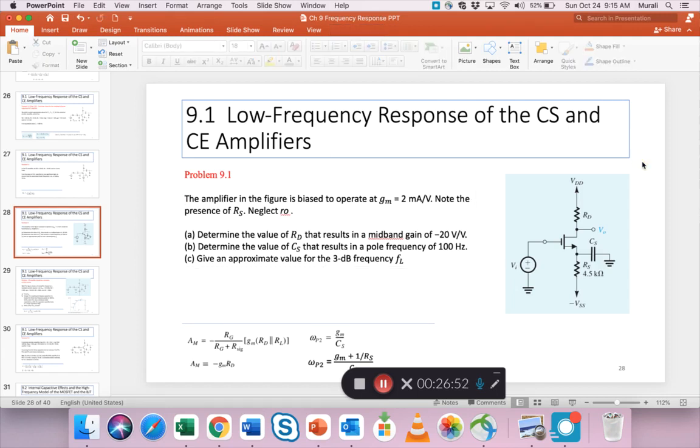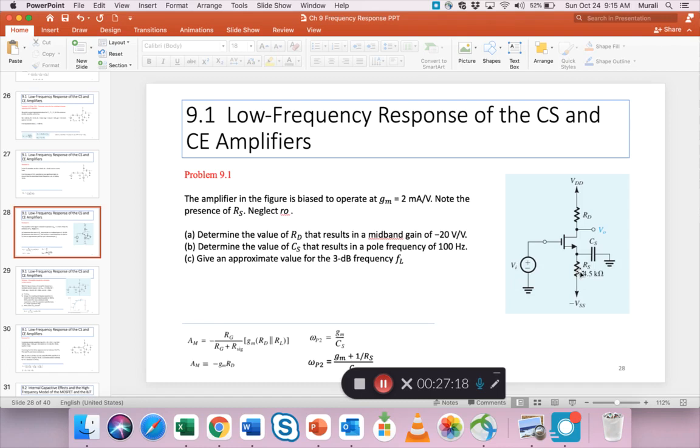So here, the amplifier in the figure is biased to operate at a given gm. Here we have an extra resistance, right? So what you see in this emitter source circuit is not the current source that we were previously dealing with, but it's just an emitter.